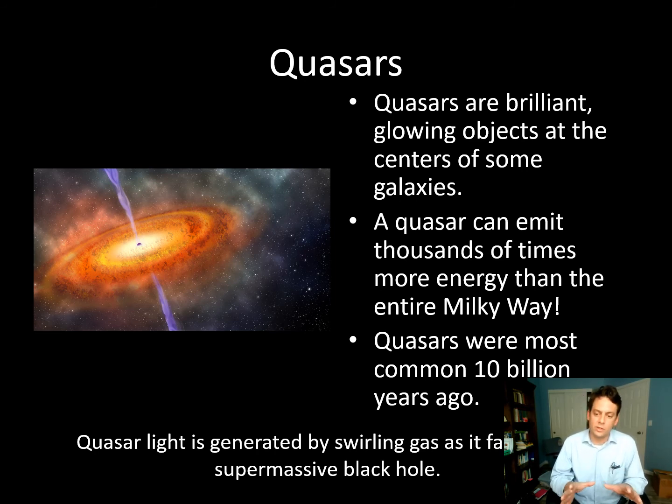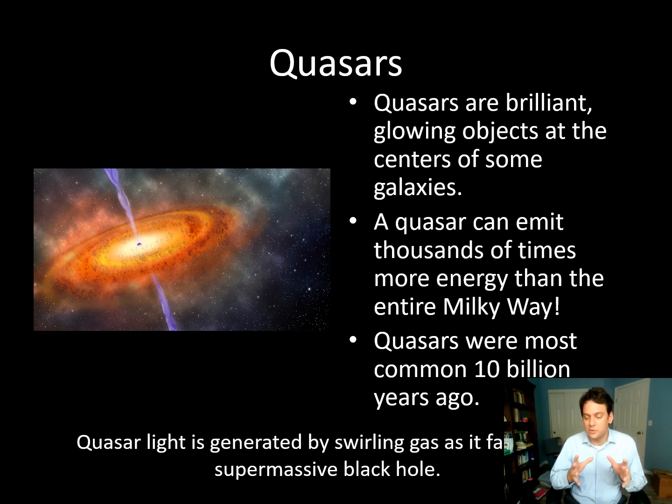But these are really cool because they are among the brightest, most energetic objects in the universe. I keep saying this, but it's really hard to wrap your mind around how bright these things are compared to anything else that we experience. They tend to be located at the centers of galaxies, and they can emit thousands of times more energy than the entire Milky Way, every second.